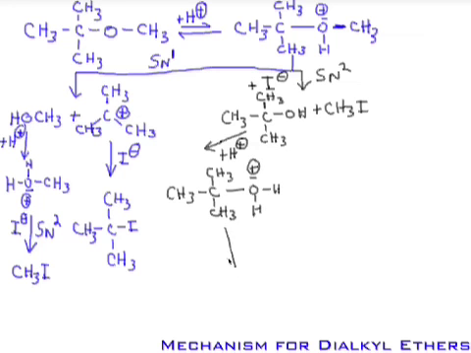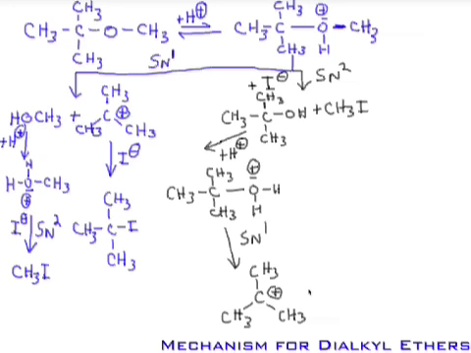Tert-butyls can't go SN2, so it would go SN1. Form carbocation. A trigonal planar carbocation would form.